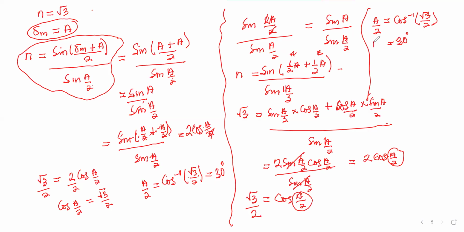You can then determine the value of A. A therefore is 2 times 30, which is 60 degrees. So that's the solution to the problem. Please, is that okay?